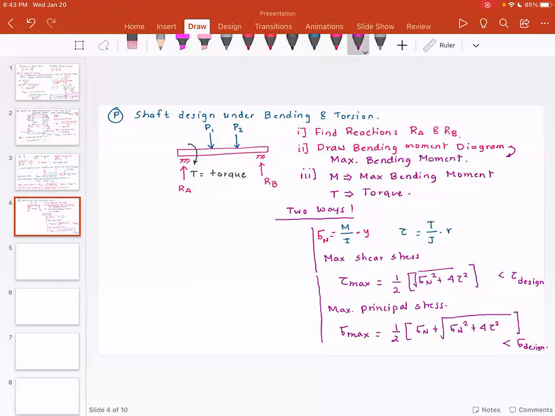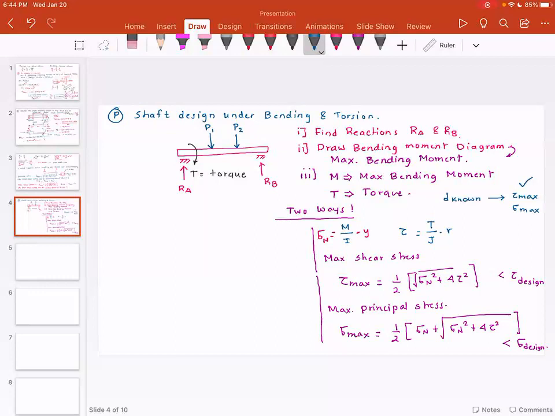This is one process in which you can solve this problem. But now I just want to outline some of these issues. This process is perfectly fine when the shaft dimension is given and you have to find out the principal stress. So assuming D is known, and you have to find out tau max and sigma max, this process works very well.